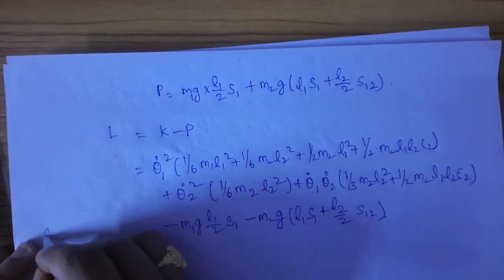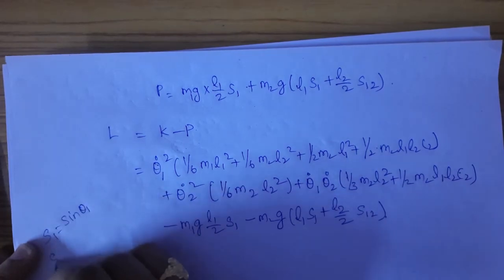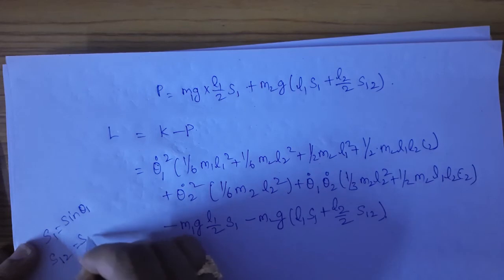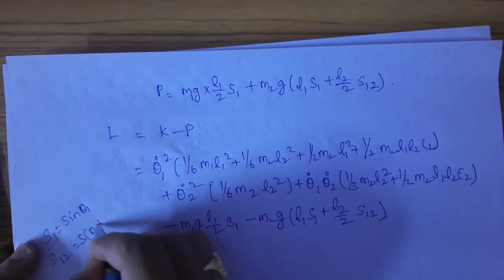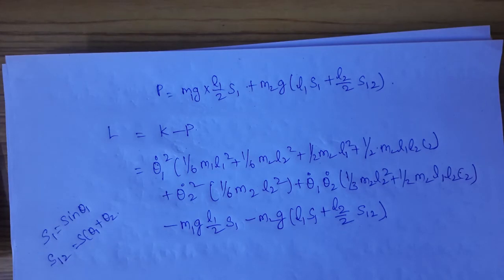Just remember, sin 1 means sin theta 1, and sin 12 means sin theta 1 plus theta 2. Don't forget that.